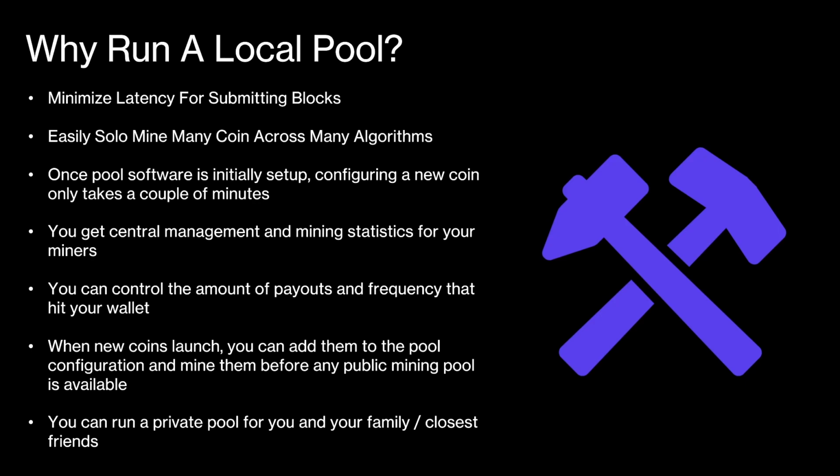Once you get a node synced, it's really a copy and paste block for the most part on the config file that you just need to tweak and set an endpoint, a username and password, a pool wallet. Honestly, anytime I'm setting up a new coin, once my node syncs, it takes me maybe 3 to 5 minutes to add a new coin to the pool. And that's where your awesome advantage is here.